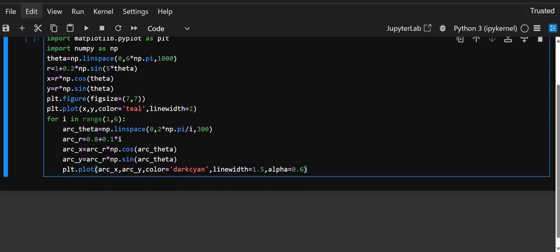So here plt.plot(arc x, arc y) plots the arcs using a dark color with a line width of 1.5 and transparency alpha 0.6 to give them a subtle appearance, allowing the main spiral to remain prominent.